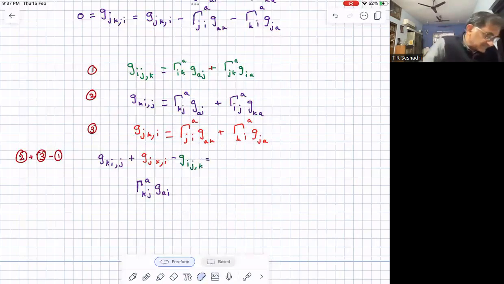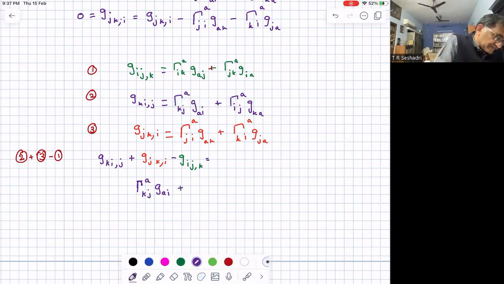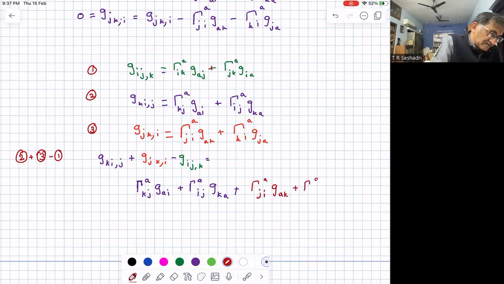Okay. This is equal to, now this will be this term, and then I will have plus gamma^a_{ij} G_{ka} plus gamma^a_{ji} G_{ak} plus gamma^a_{ki} G_{ja} minus, okay, just a minute.